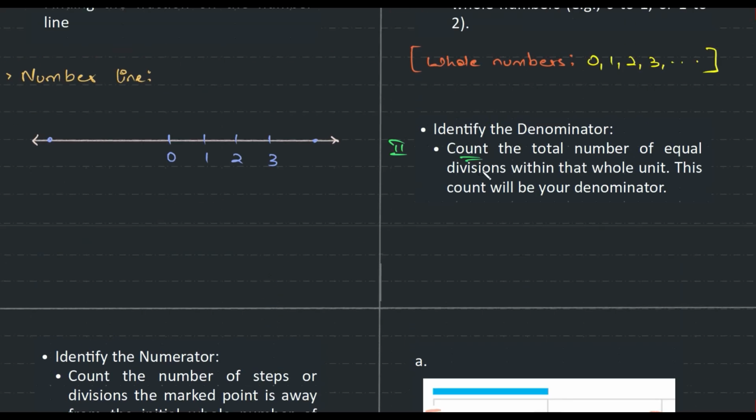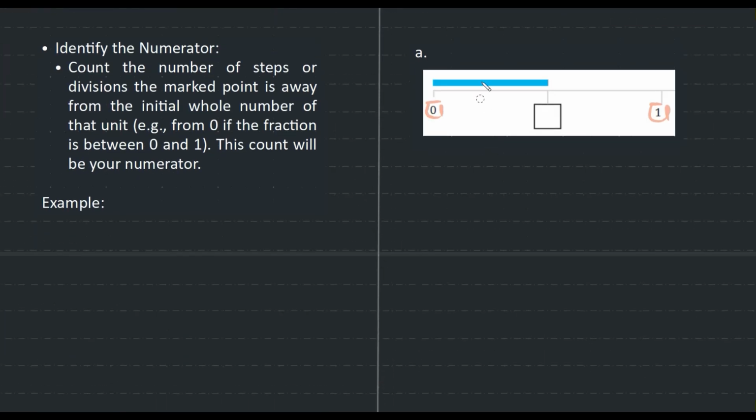Next, we are looking at counting the divisions, and that will give the denominator. So how many divisions are there? Equal divisions. We can see that this is one division, this is another division. So there are 2 divisions between the whole numbers.